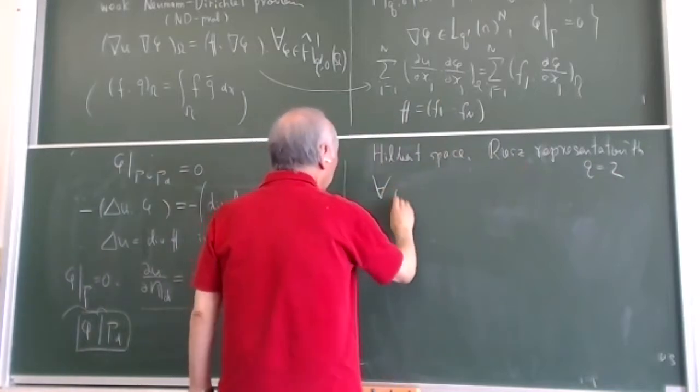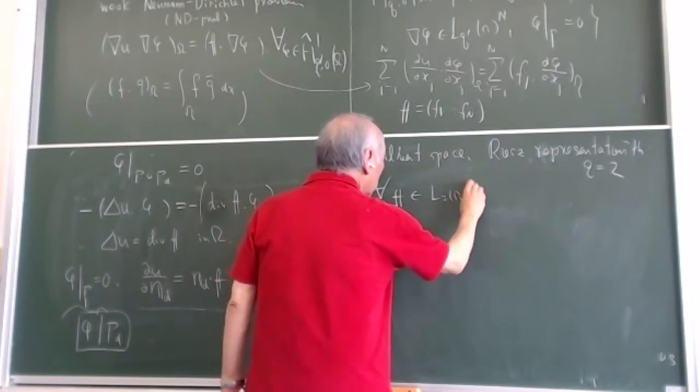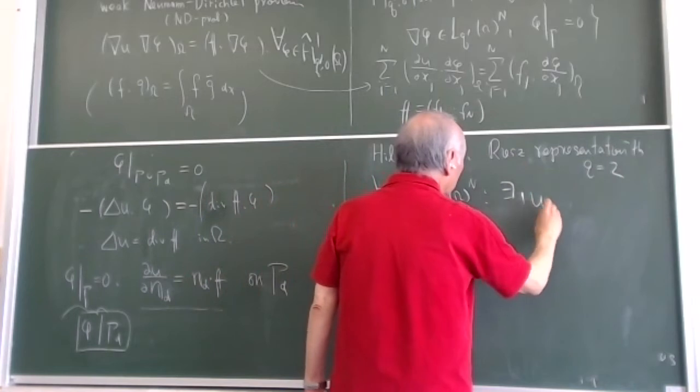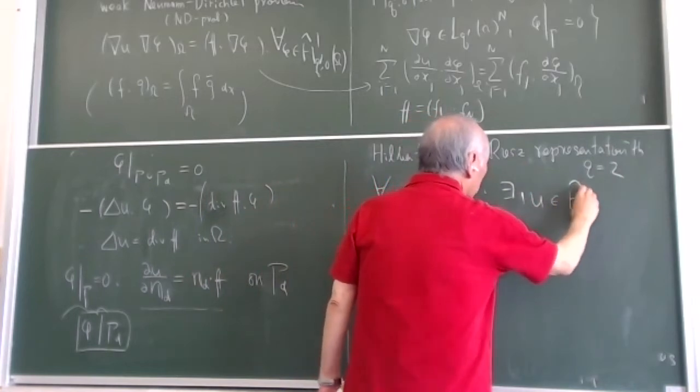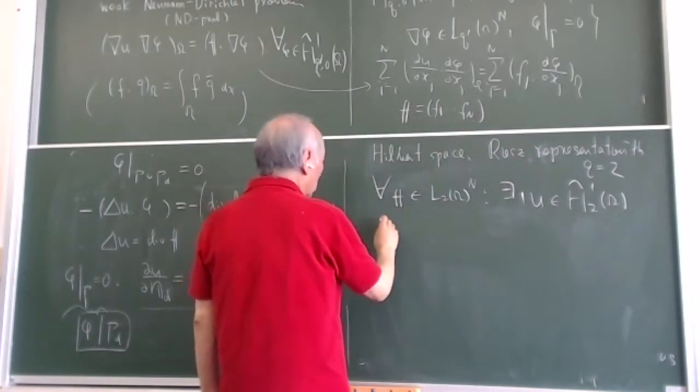Okay, so for any f in L2(Omega)^n there exists a unique u in H hat 1,2(Omega) solution of this.